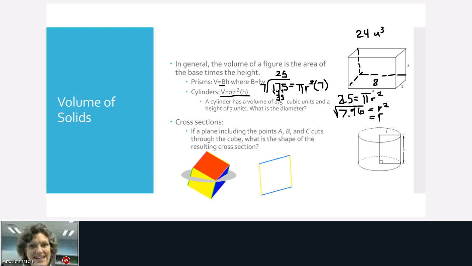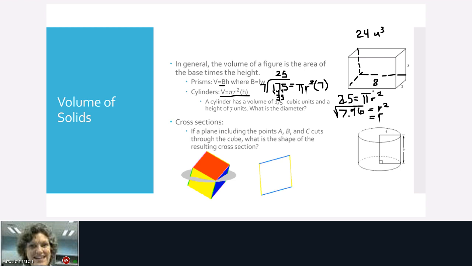Let's see, square root, 7.96 square root. Sorry, this is taking so long. I usually use a different calculator. Okay, we're going to have to estimate.